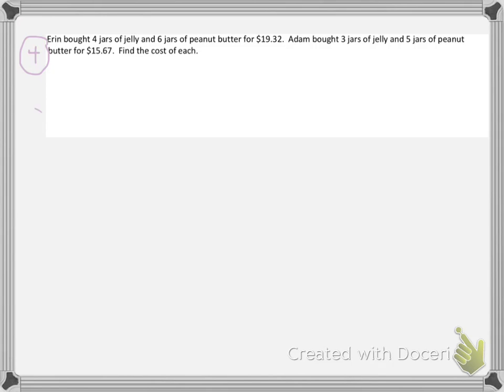So we'll let our first variable equal our jelly. So x is going to be jelly, and y we can let be our peanut butter. So Aaron bought 4 jars of jelly, so 4 times x, plus 6 jars of peanut butter, so 6 times y, is going to be equal to 19.32.